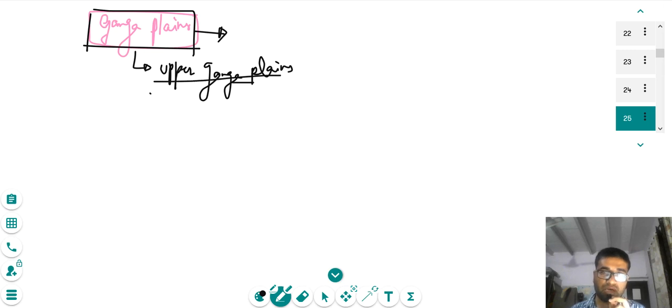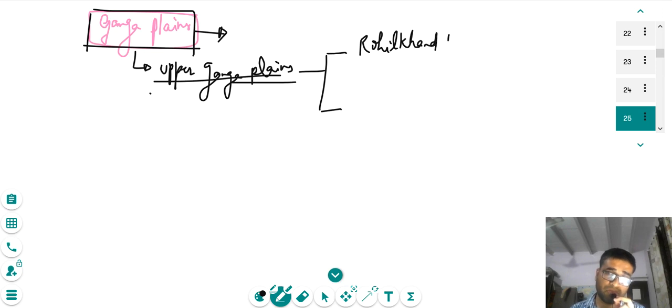Right. Upper Ganga Plains, we will further divide in two parts. Number one is the Rohilkhand Plains, and second is the Awadh Plains.